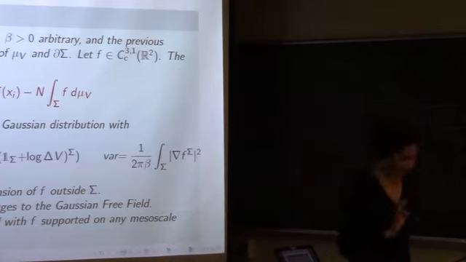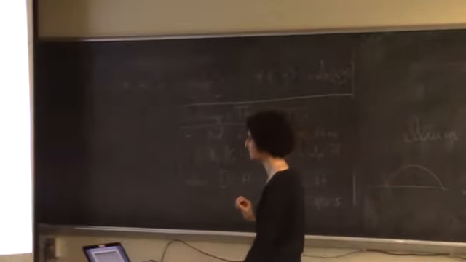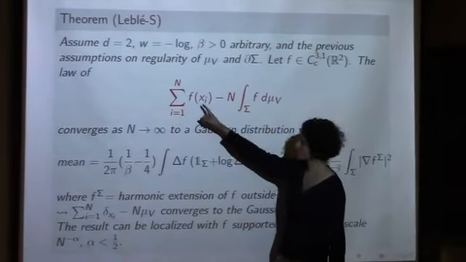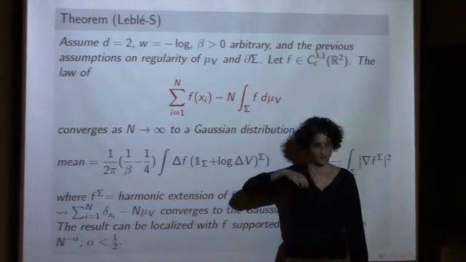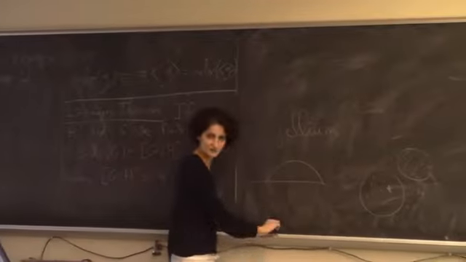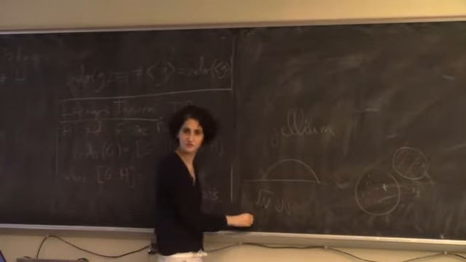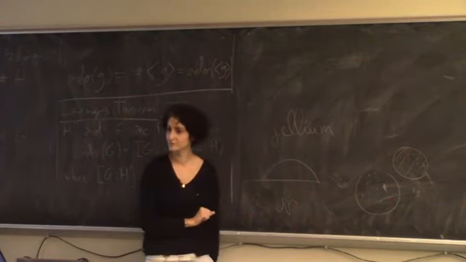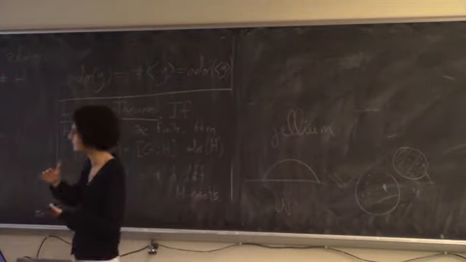But what should be observed about this result is that this is different from a usual central limit theorem, because you see, these terms are of order n. You have n terms here, you have n terms here. If you were summing n IID random variables, the standard central limit theorem would give you square root of n times the Gaussian distribution. Here, there is no square root of n, it's the Gaussian distribution. So it means this is very much smaller than could be expected.